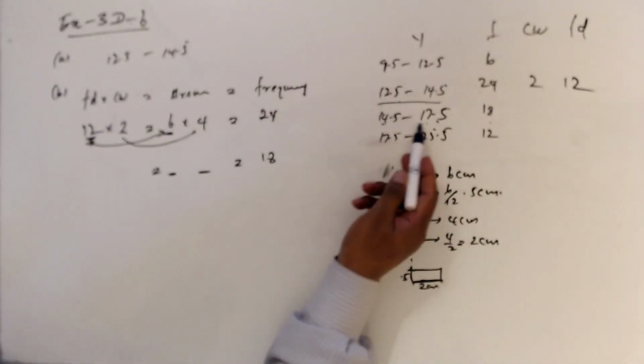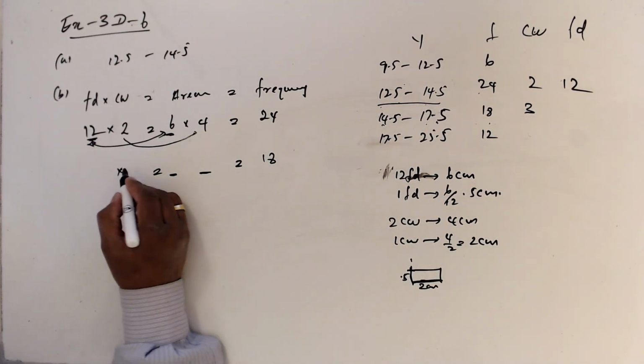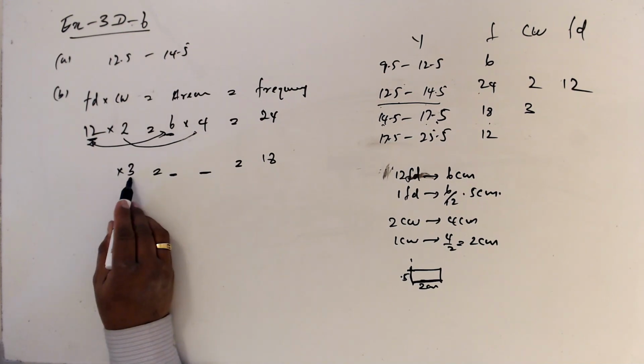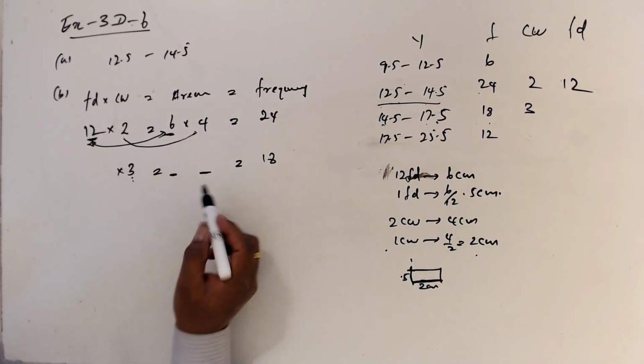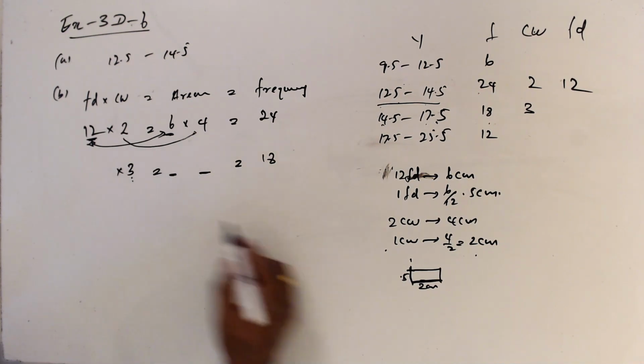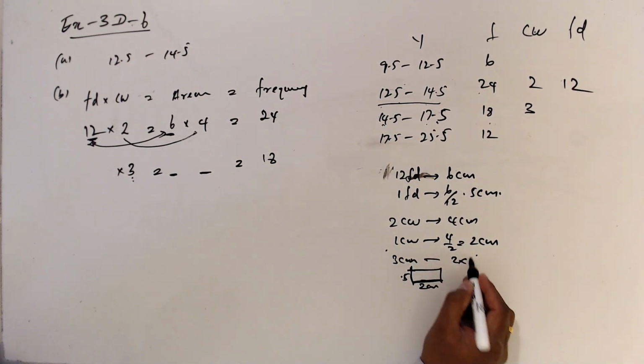Class width is 17.5 minus 14.5, which is 3. When the class width is 3, if 1 is 2 centimeters, then 3 class width is 2 times 3, 6 centimeters.